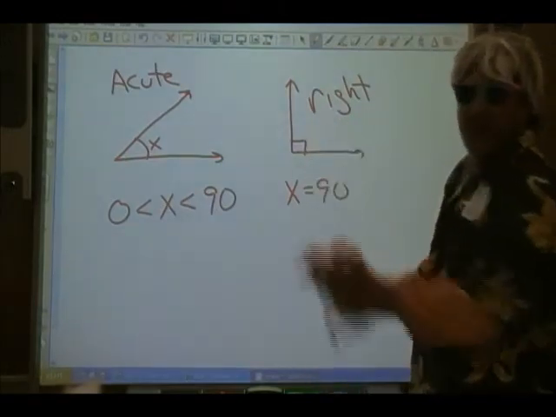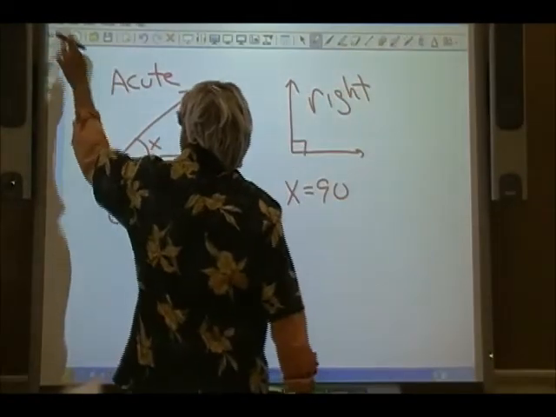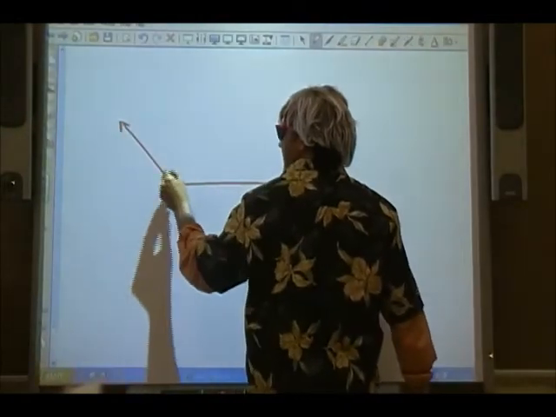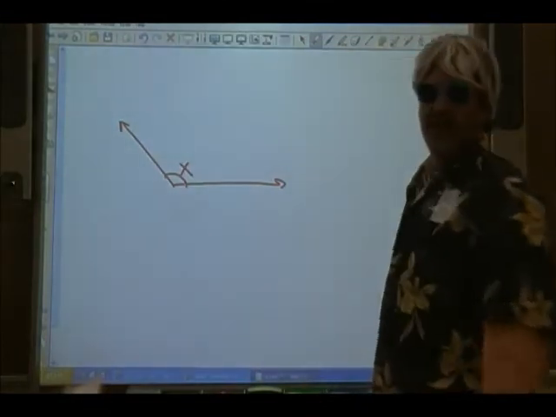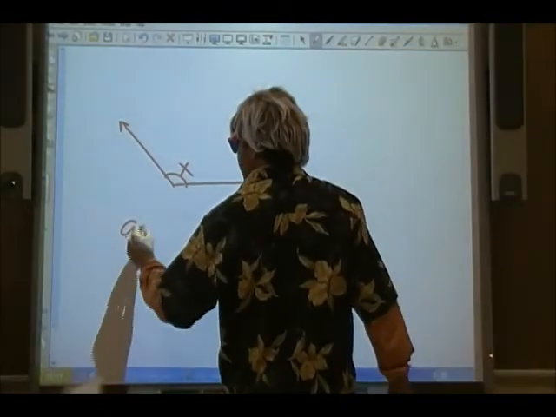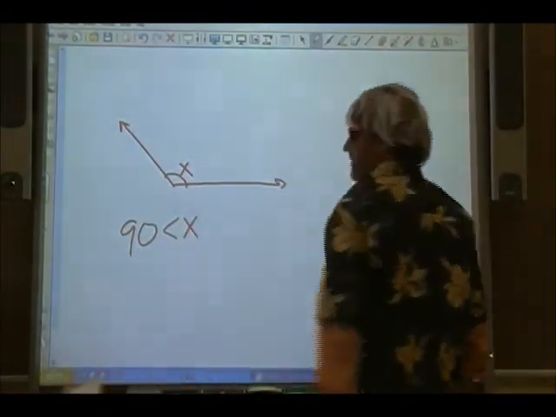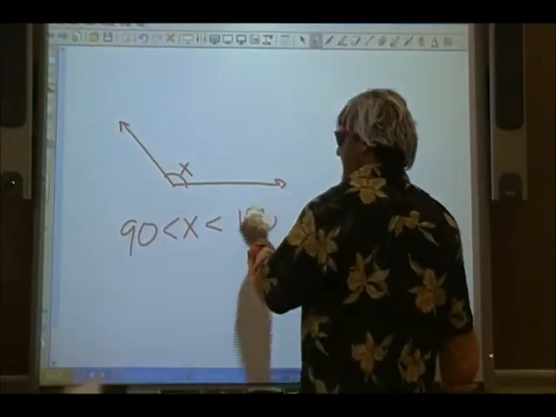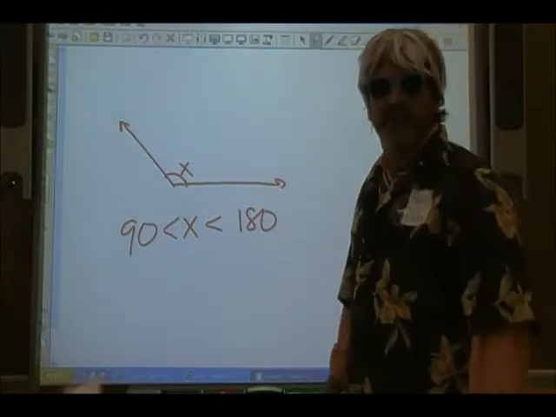Now we can get a little bit bigger than the right angle, and it looks like this. Here, the x is bigger than 90, but at the same time, it's less than 180 degrees. This one is a bigger angle.